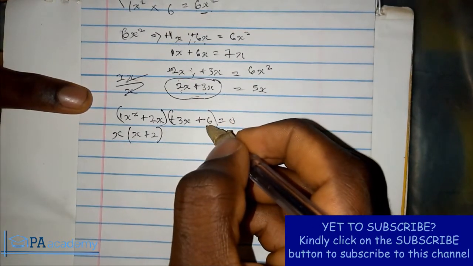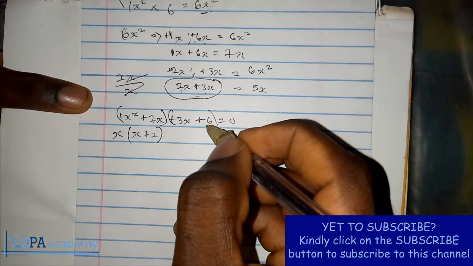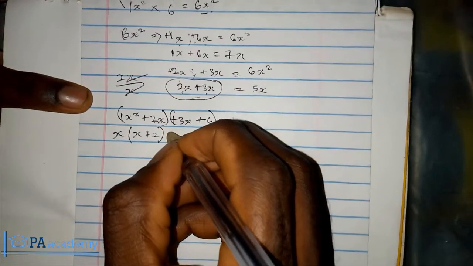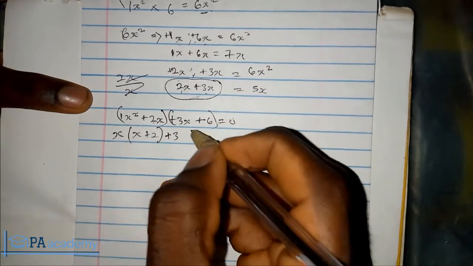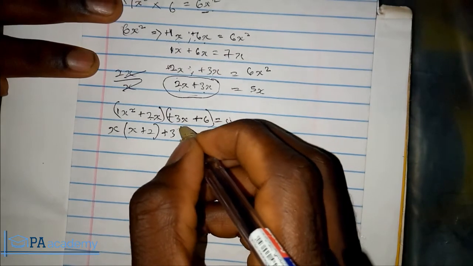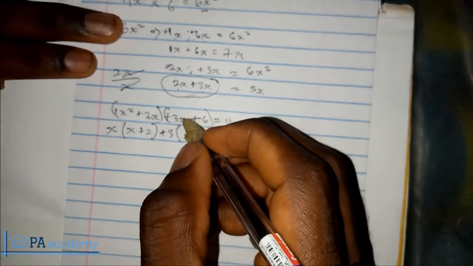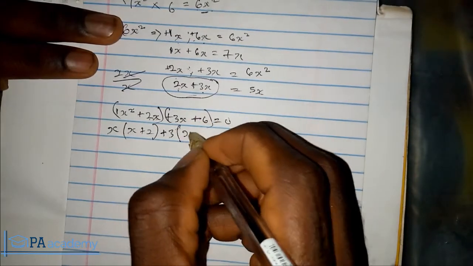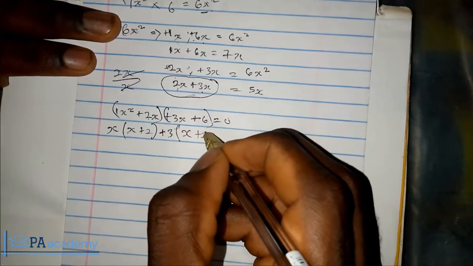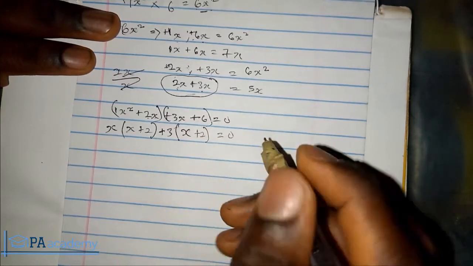You look at what they have in common. Right here, it is 3. So plus 3, because 3 can divide this, and it can also divide this. So then we open a bracket. 3x divided by 3 will be left with x. Then plus 6 divided by 3 will be left with plus 2. So we close the brackets and put equals to 0.